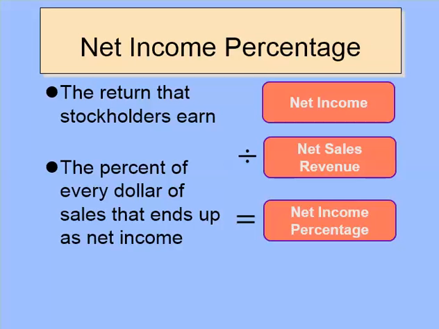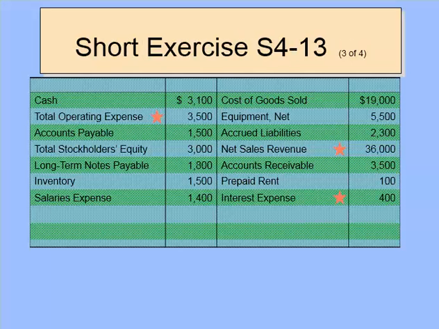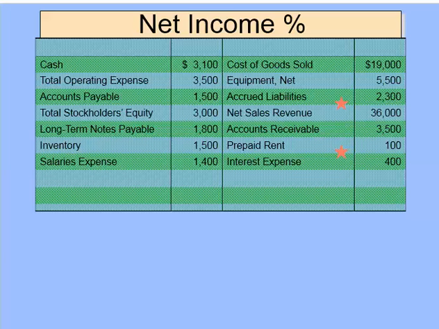Okay, so let's go back and we'll look at our same example. So this time we know we need to take our net income divided by our sales, and that's going to give us net income percentage.